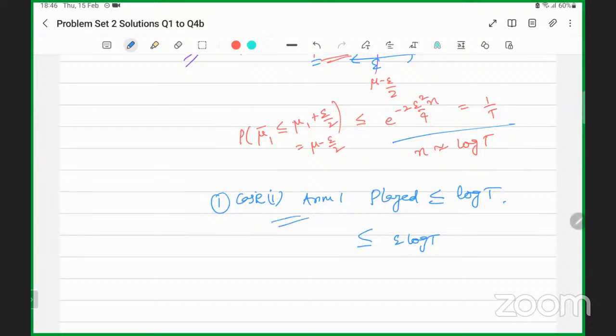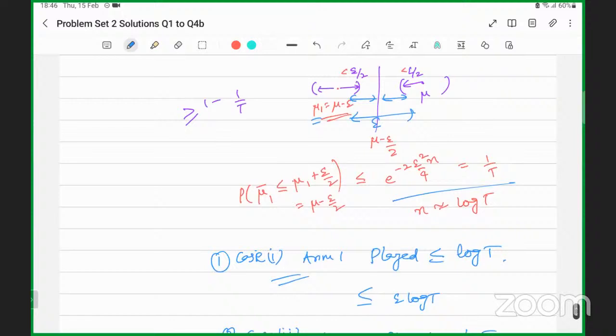Correct? So let's assume the second case is this: at some point in time, arm one is played greater than log t times. At some point in time, not the total time. At some point, it will reach, right? If the first case is not true, there will be some t at which you would have reached at least log t plays of arm one. Then after that, what can we say?